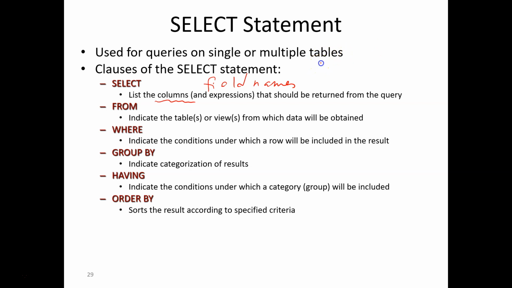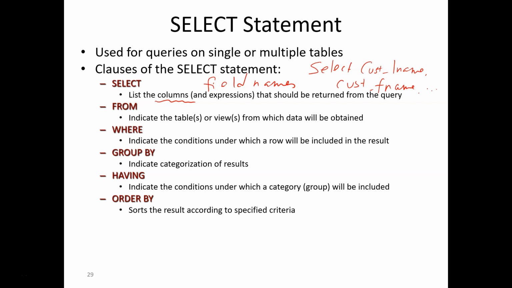What you do is write select followed by the field names, like customer last name, customer first name, customer address. And by the way, these field names have to be spelled exactly the same as the field names in the table.